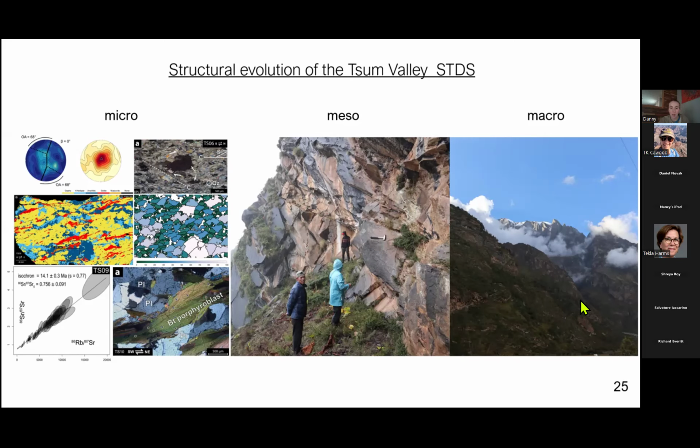Using this concept, we can use information from the kinematic and deformation analyses that I just presented to make inferences about the macroscopic tectonic regime and to try to decipher the relative importance of different potential controlling factors of the South Tibetan detachment system evolution.